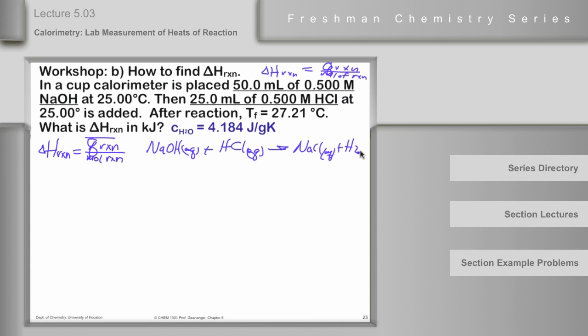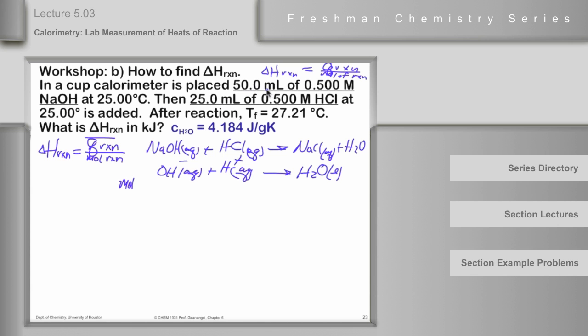And the number of moles of hydroxide ion is 50 milliliters times 1 liter over 1,000 milliliters times 0.5. And I think I wrote that down somewhere. That is 0.025 moles of hydroxide ion.